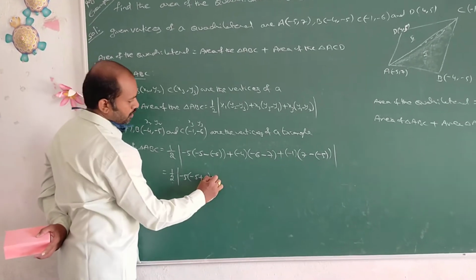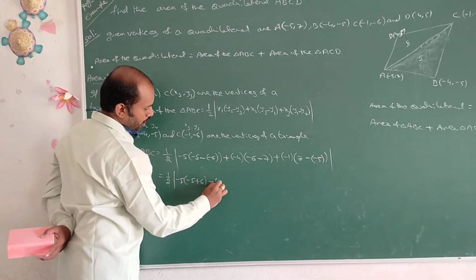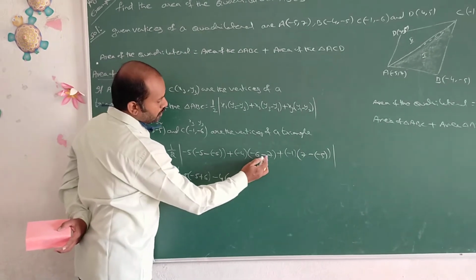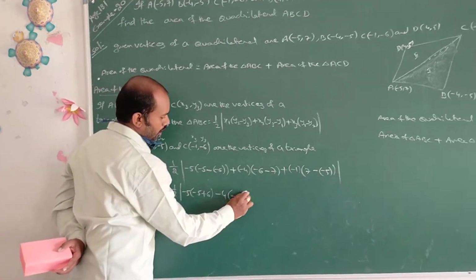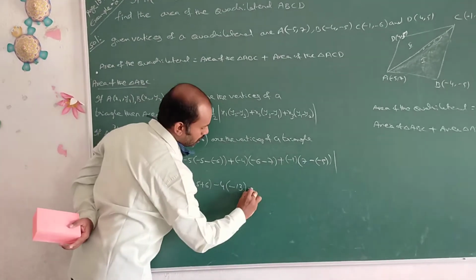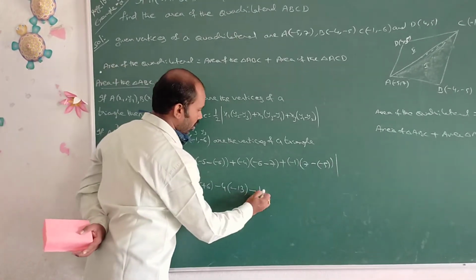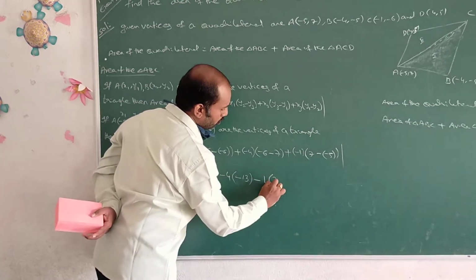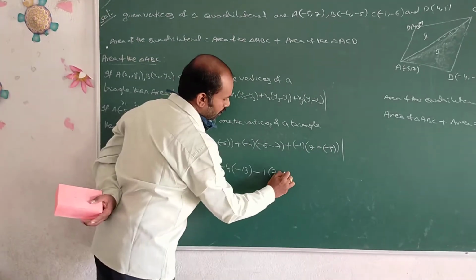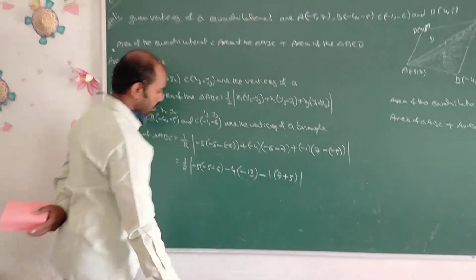Now simplification of the modulus. In the bracket you write minus 5, minus into minus plus 6, plus into minus, here minus 4 into minus 6 minus 7, both are negative, so add, minus 13, plus into minus, here minus 1 into, plus into minus 1 here, minus into in bracket 7, minus into minus plus 7 plus 5. Modulus close.